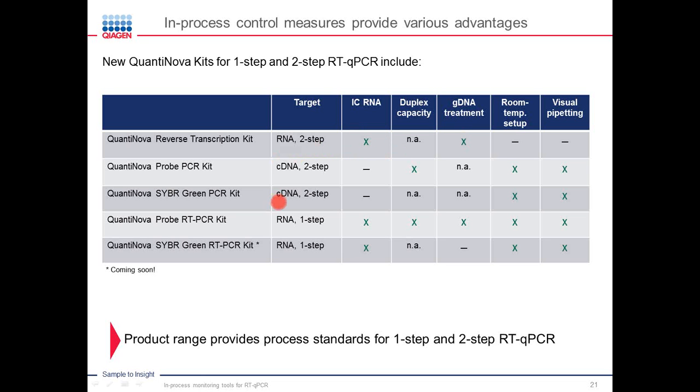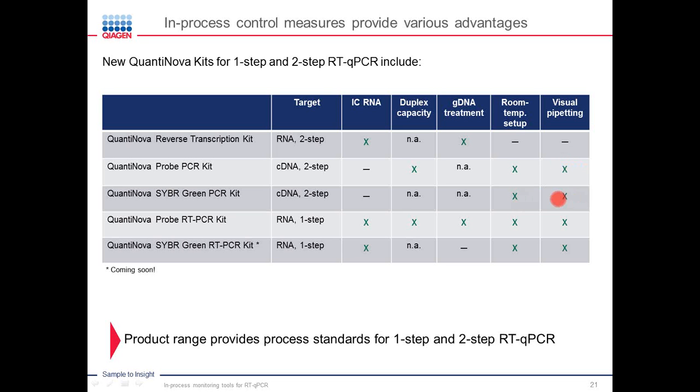And then for qPCR, we are offering our QuantiNova either probe or SYBR-based kit, which are meant for the qPCR of cDNA to detect the various transcripts that you are potentially interested in, and they have the features of room temperature setup and the visual pipetting tool.